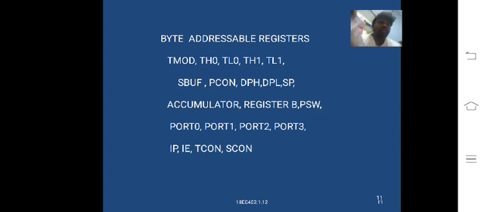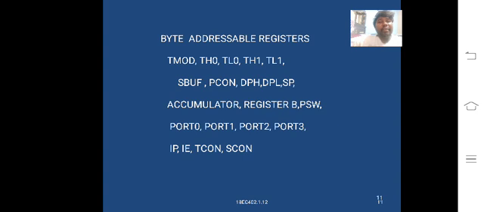Serial buffer, power control, the data pointer higher register, the data pointer lower register and stack pointer. And accumulator, register B, program status word, and port 0, port 1, port 2 and port 3.